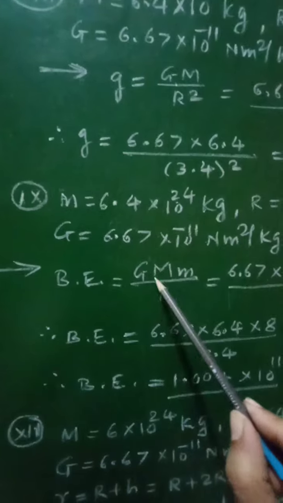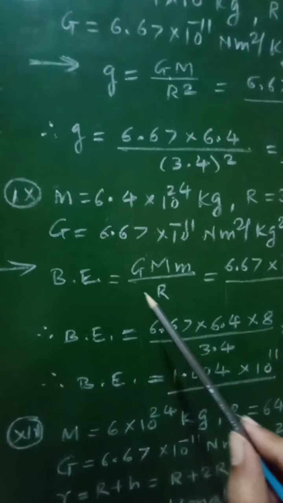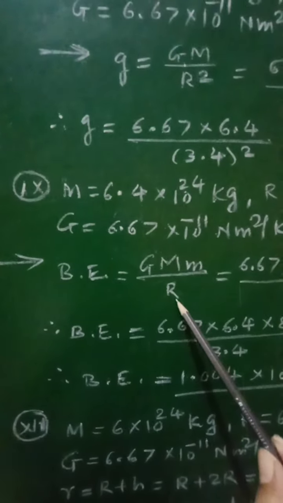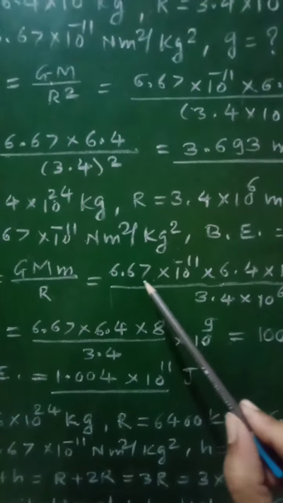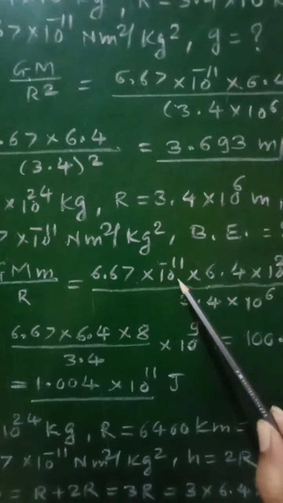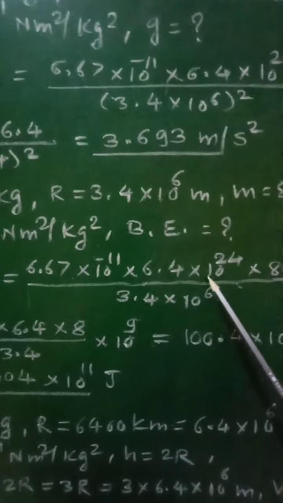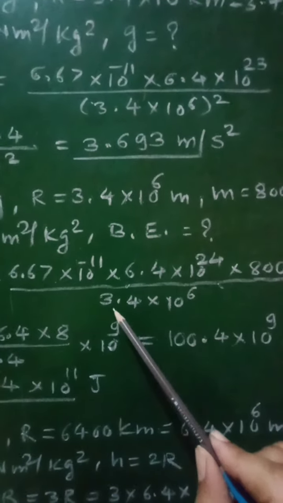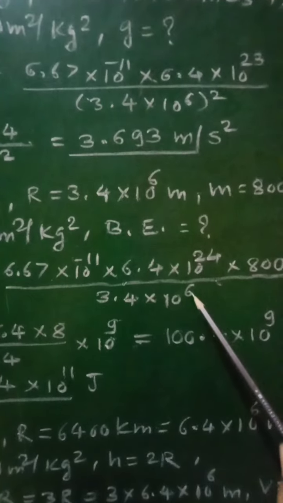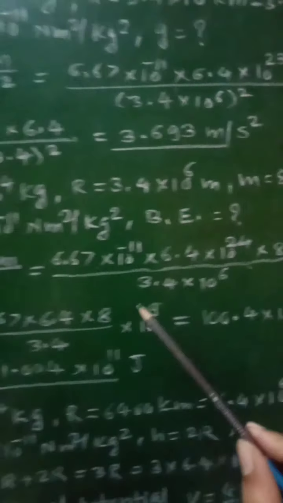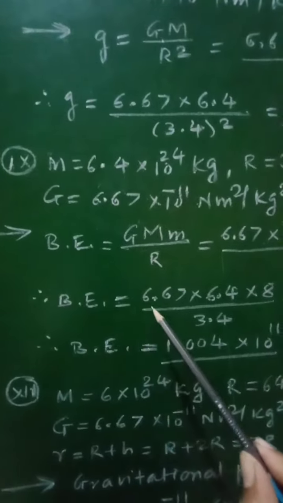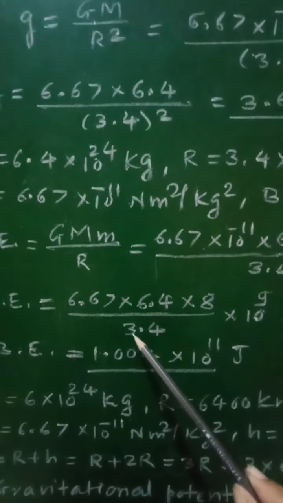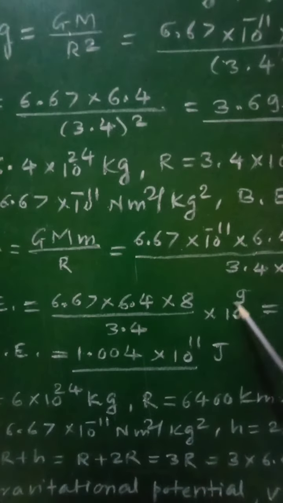B is equal to GMm upon R, binding energy on the surface, which will be equal to 6.67 into 10 raised to minus 11 into 6.4 into 10 raised to 24 into 800 divided by 3.4 into 10 raised to 6. Simplifying this, we will get binding energy equal to 6.67 into 6.4 into 8 divided by 3.4 into 10 raised to 9.